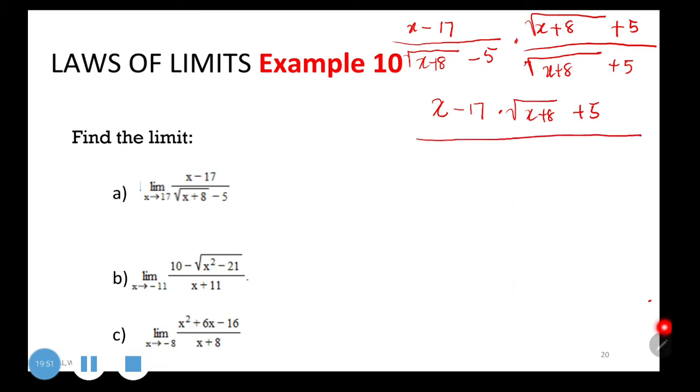So set x plus 8 times 8, times 8 should get 8 plus 8, and then minus 5 times 5 should get minus 25.